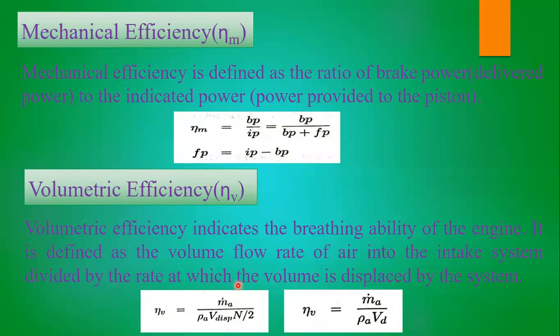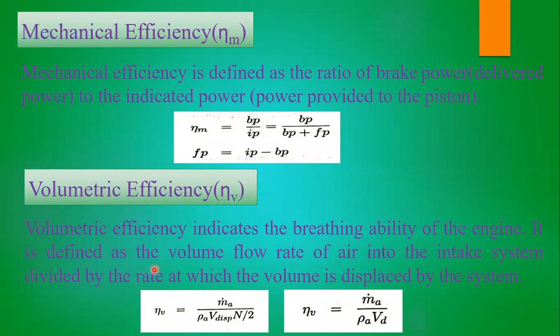We defined this in the first chapter itself, right? So once again we have this opportunity to discuss volumetric efficiency, so why can't we go again?